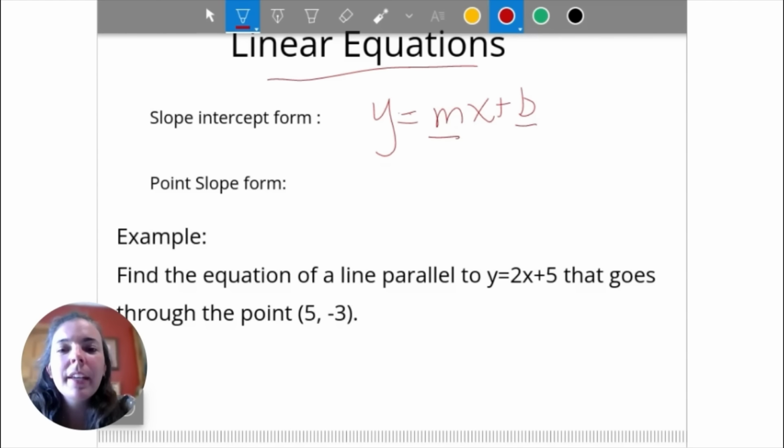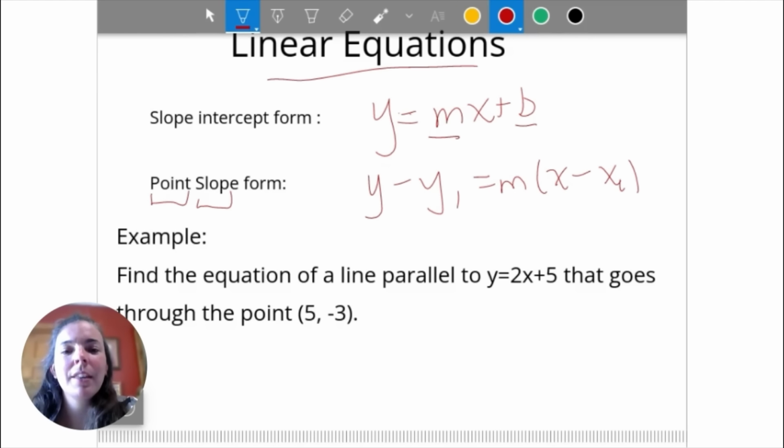Point-slope form is written like this: y minus y1 equals m times x minus x1. So this is really helpful if you have one point and the slope, because the slope goes here, and then my one point is plugged into x1 and y1.